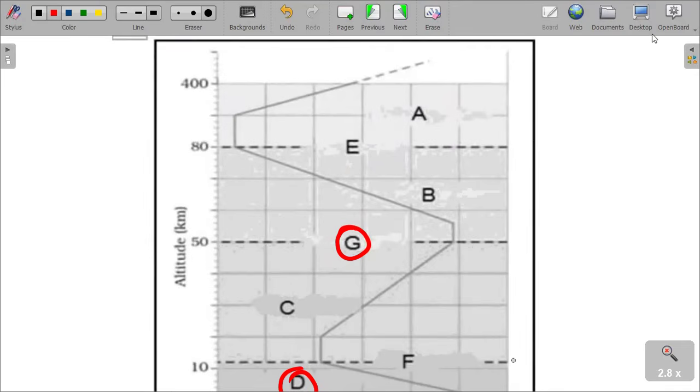So for the interest of revision, we can understand that above 400 kilometers we have the exosphere.